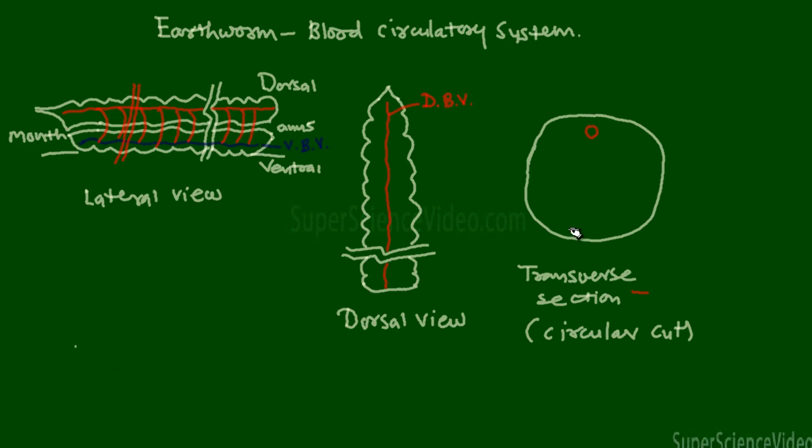And the side which is in contact with soil, there occur opening of ventral blood vessel. In between the body, there occur alimentary canal and lateral hearts provide connection between DBV and VBV.